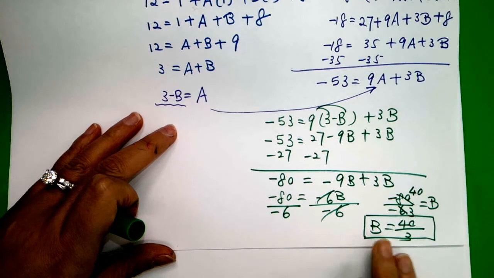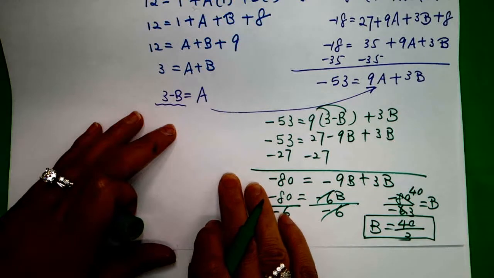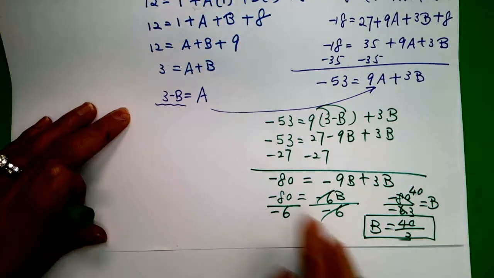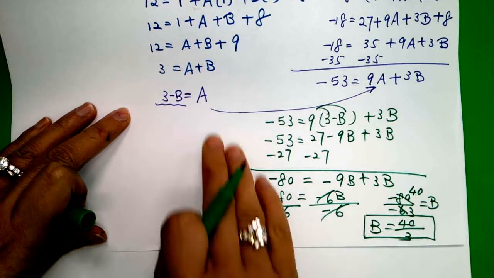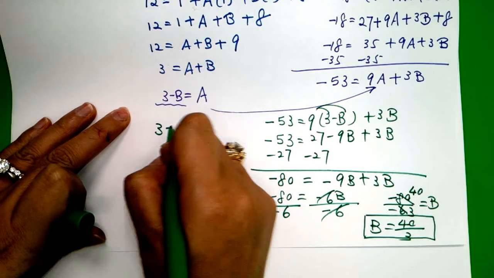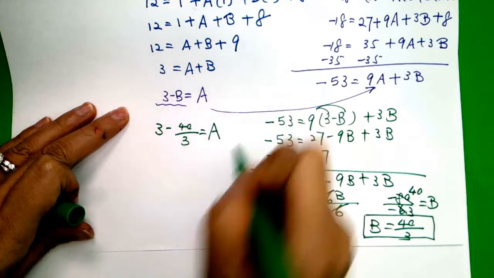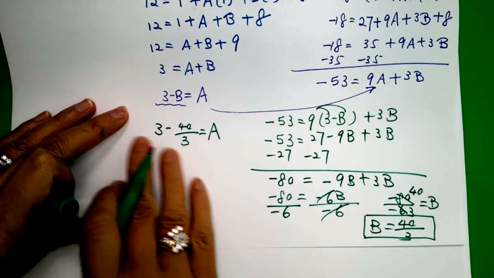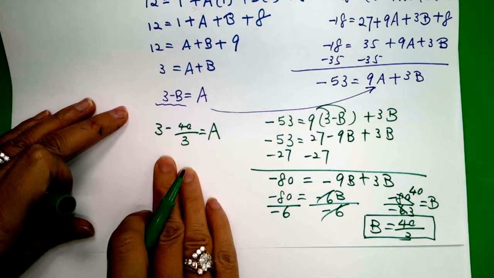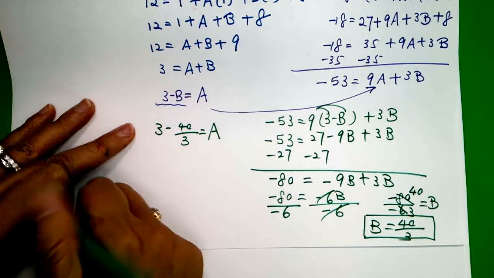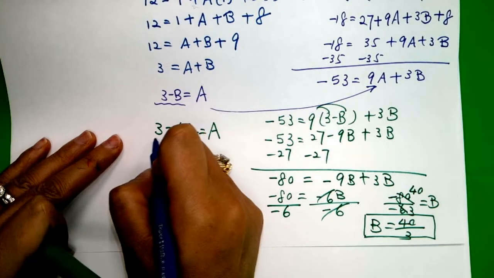Once you have this b value, we need to plug back in to figure out a. If b is 40 over 3, now a is 3 minus 40 over 3. Because we don't have the same denominator, I would like to have 3 currently over 1. 3 over 1 is 3.